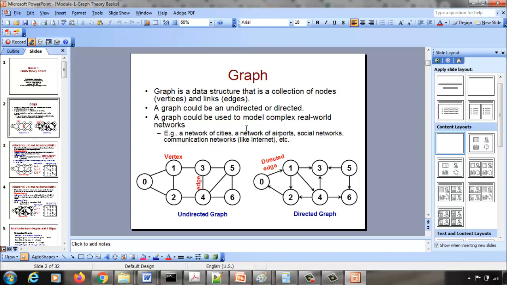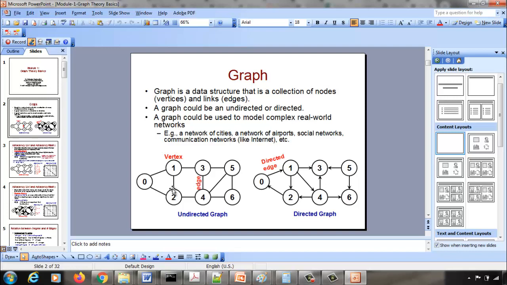A graph could be used to model all the complex real world networks. So it could be a network of cities where each node is a city and you have roads connecting the cities, or it could be the plane connections between the two cities, or whatever the way you can connect between the two cities, you can model as a graph. Similarly, a network of airports, and the reachability between two airports could be modeled as an edge.